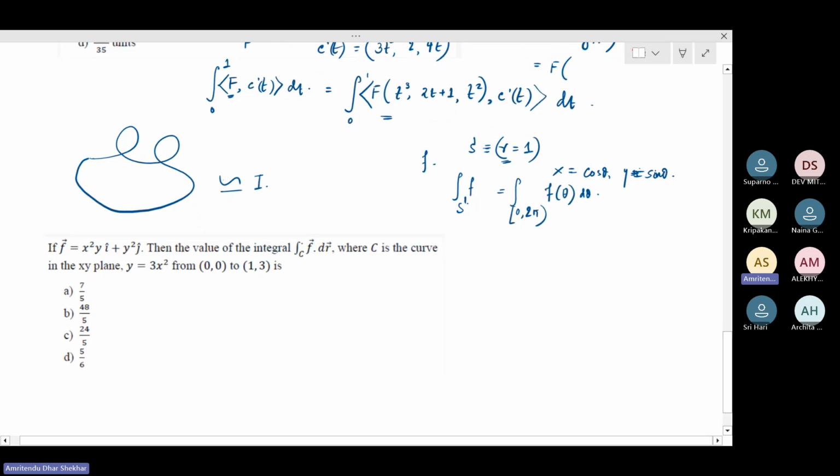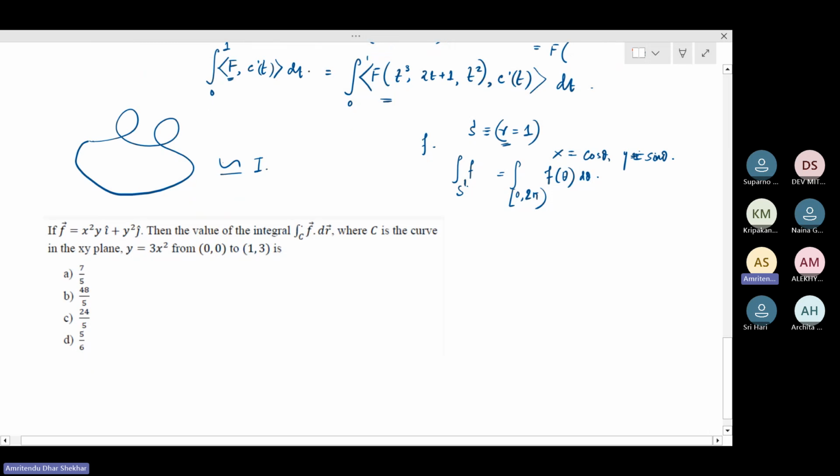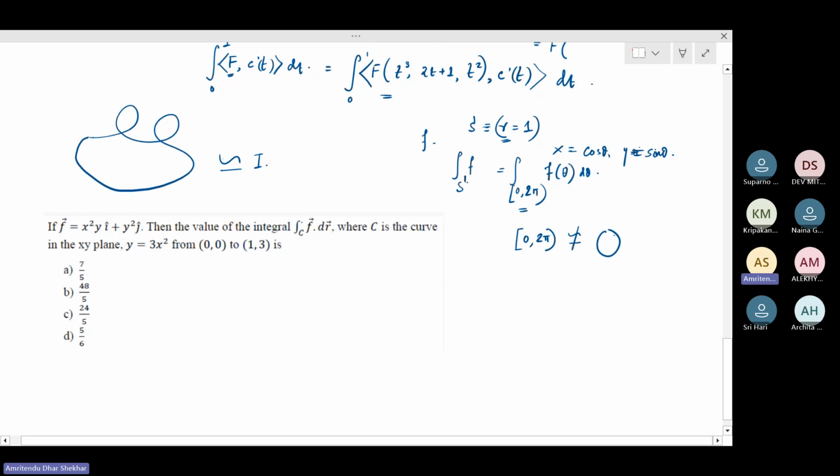But if you observe carefully what you're doing over here, if you consider the range 0 to 2 pi, this is obviously not diffeomorphic to the circle, right? So the reason why this actually works is because if you take the circle and take out any one particular point of the circle, then this is diffeomorphic to the interval, right?